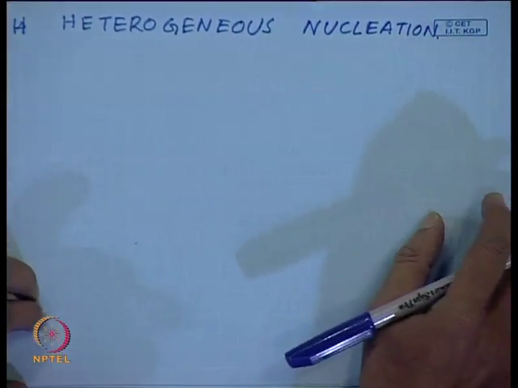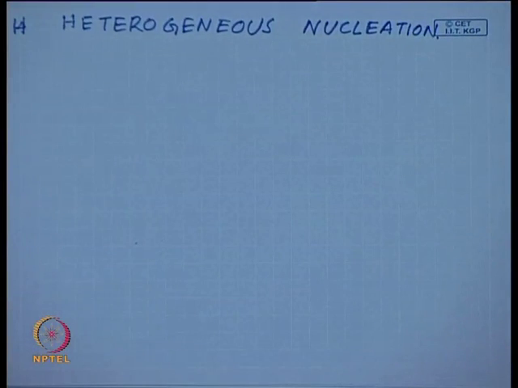So, how will heterogeneous nucleation occur? It will occur because the bulk of the fluid, let us say water, will have dissolved gas. So, it has some sort of foreign material in it.